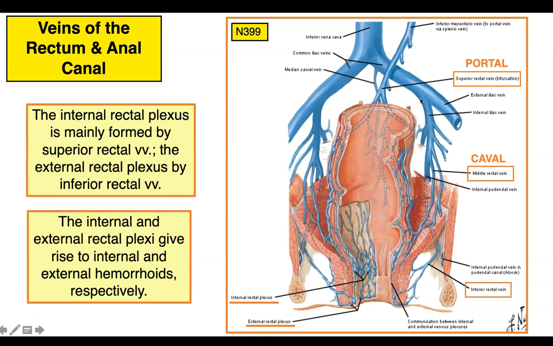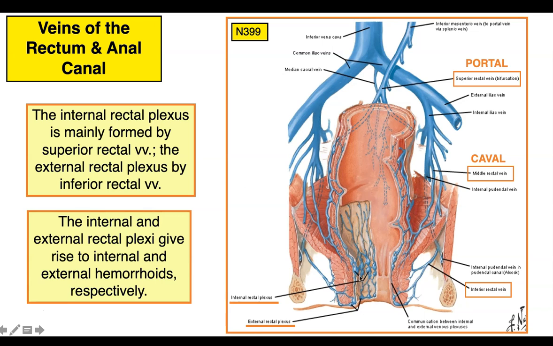So the anastomosis between the superior rectal, middle rectal, and inferior rectal veins forms a portal and caval anastomosis in the rectum and anal canal. And there are 2 sets of venous plexus in the anal canal: the external rectal venous plexus and the internal rectal venous plexus.